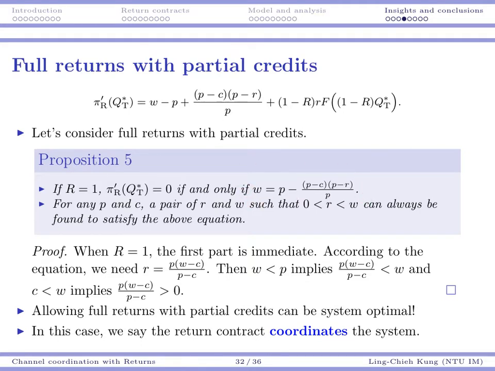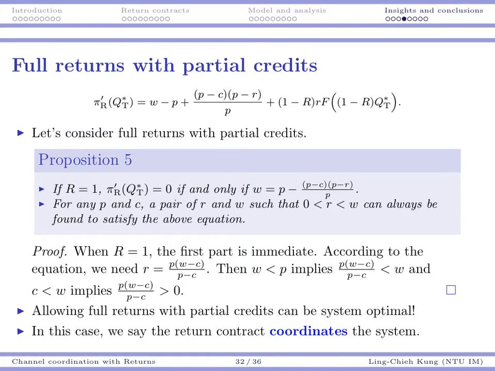According to this equation, if we do some arithmetic, what we really need is, given each wholesale price, to set the return credit according to this formula. Because w is less than p, we can show that this ratio is less than w, with some arithmetic. And also because c is less than w, we can see that this is positive.